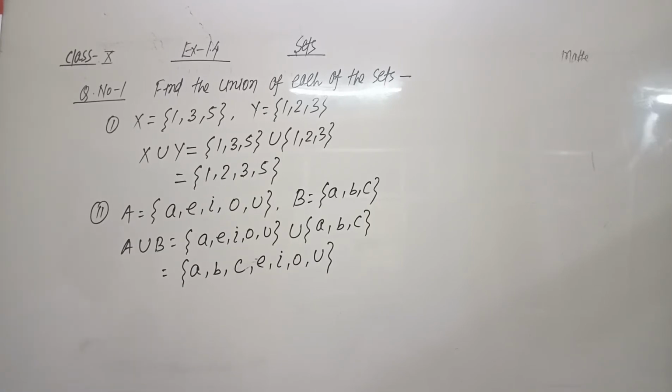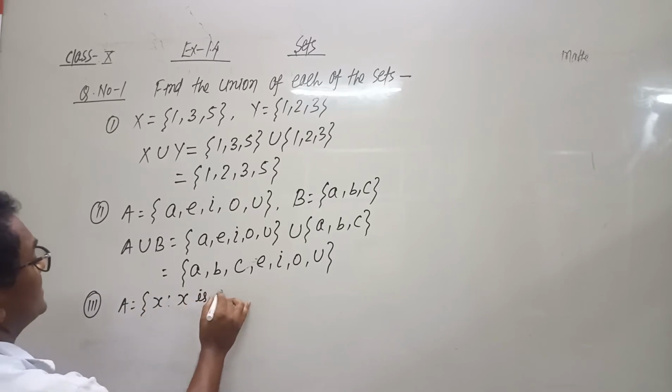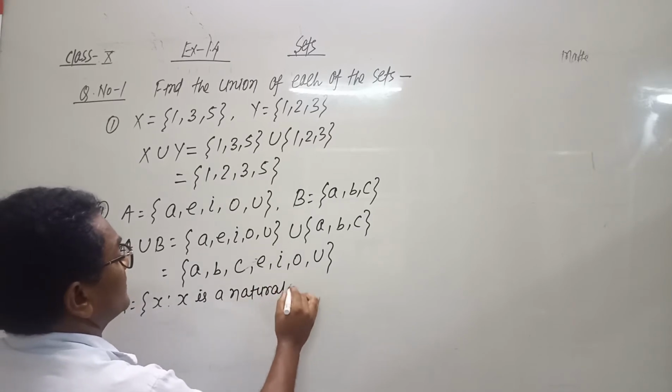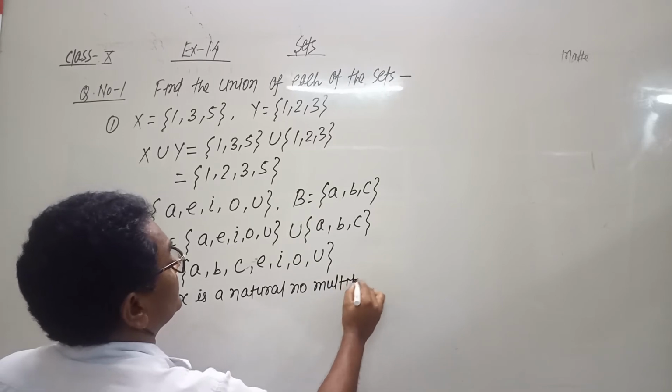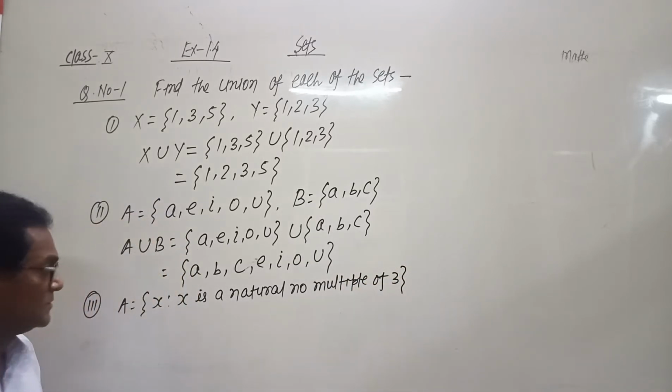Next is the third part. A equals X such that X is a natural number, a multiple of 3.